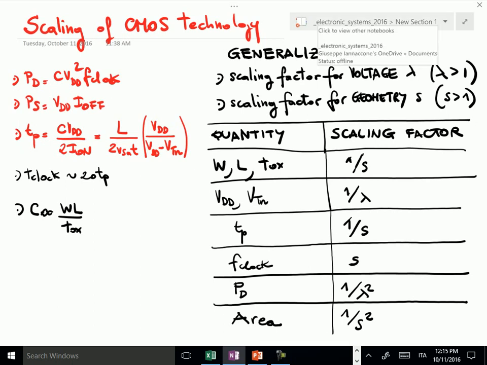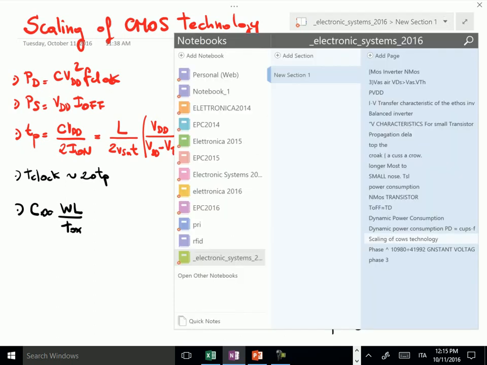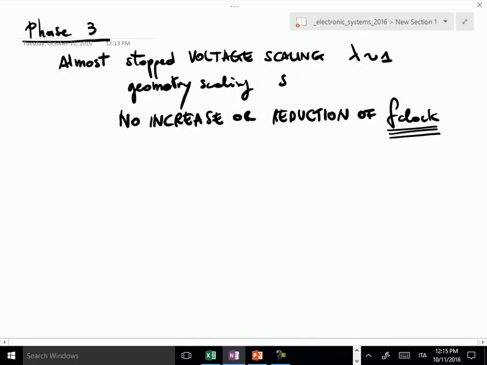Okay, so for example, let's put some numbers to make the thing clear. PD of a logic gate is C V_DD squared times f clock. So C is proportional to 1 over S. V_DD is constant.